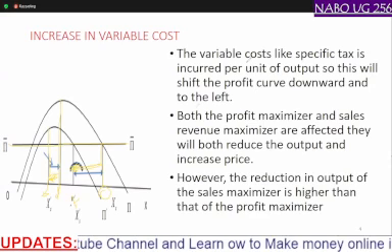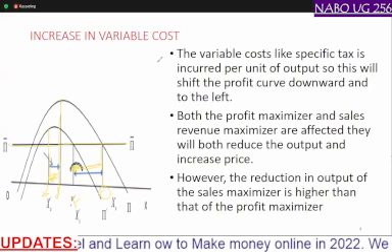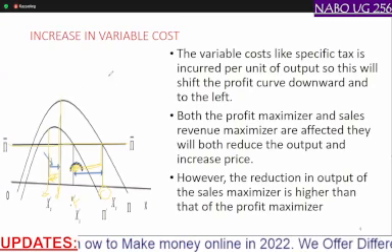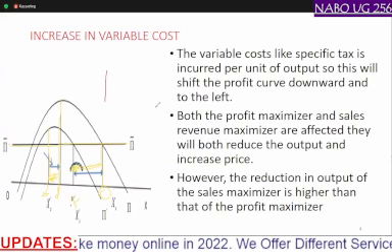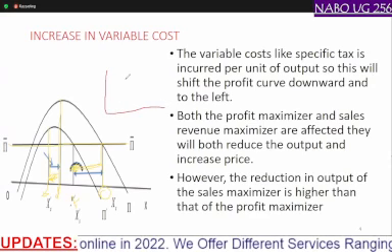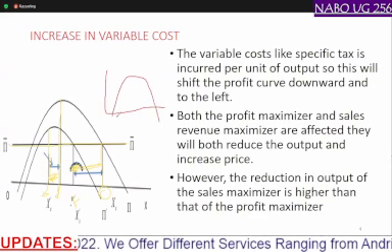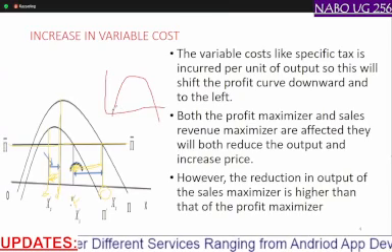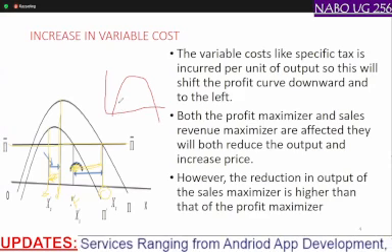So that's what you have to note. Please note the difference between these two diagrams. Let me demonstrate them again here. For fixed cost, make sure that the curve shifts inward, but the gap is the same.